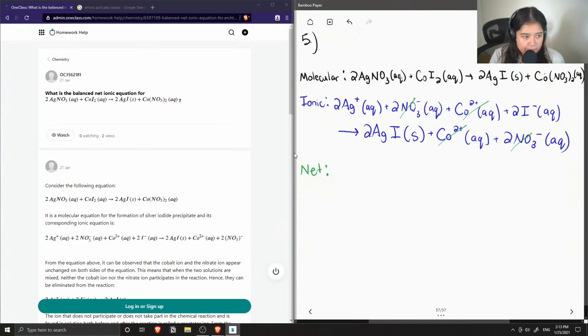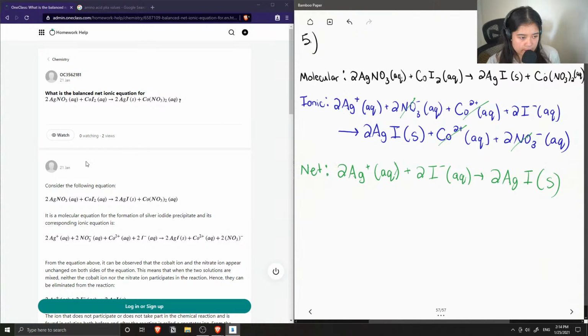So now when we write out our net ionic equation, it's going to be 2 silver aqueous plus 2 iodide makes 2 silver iodide solid.